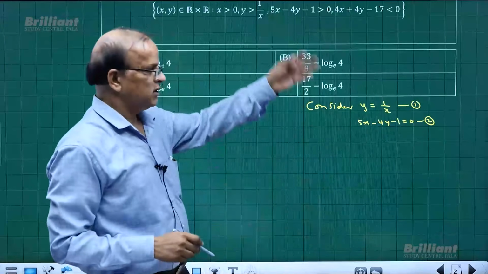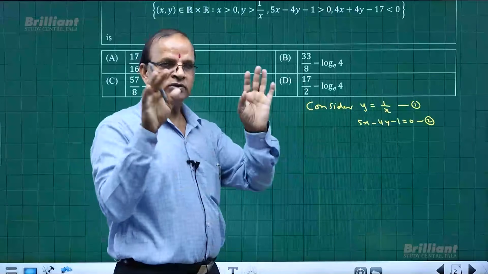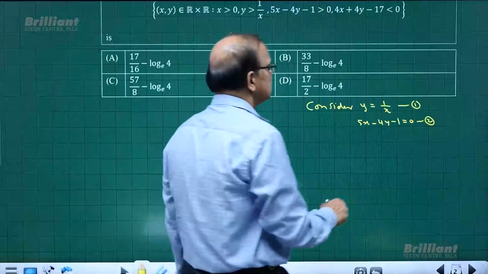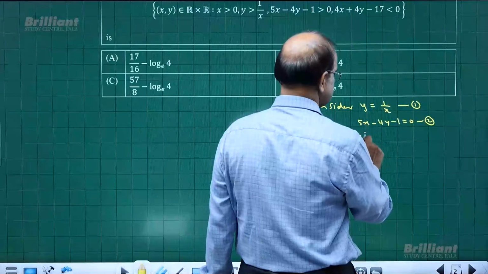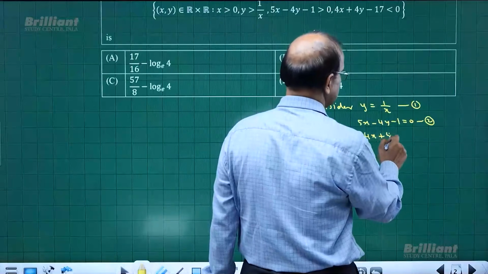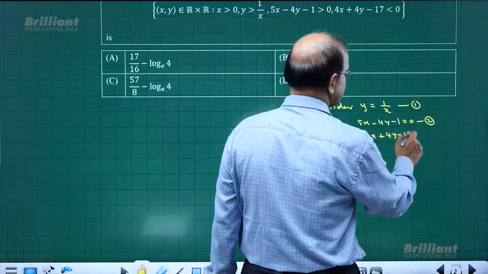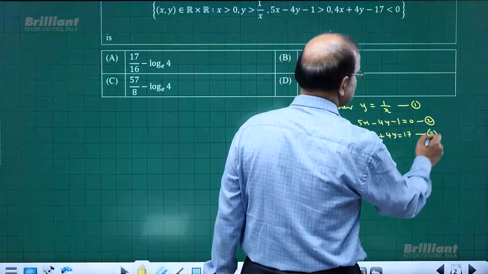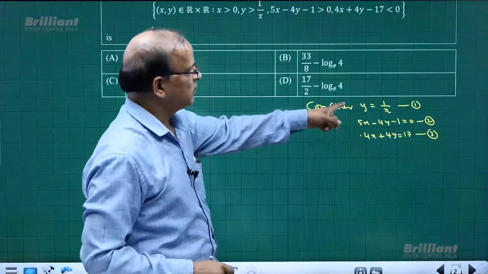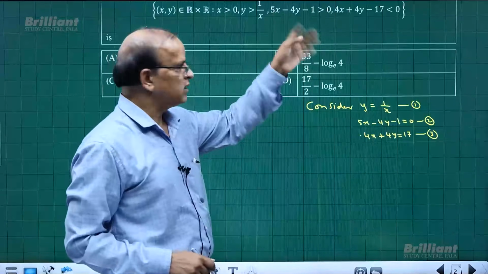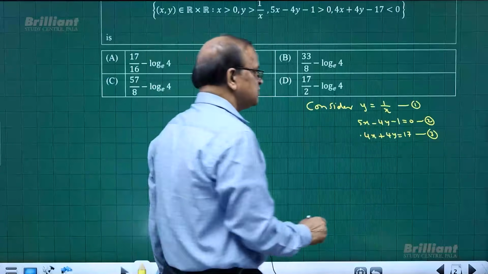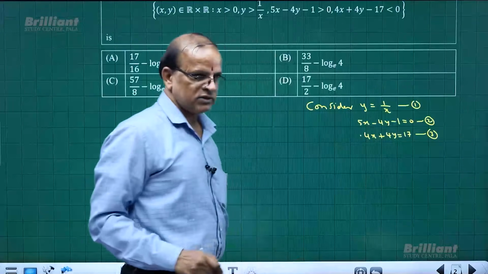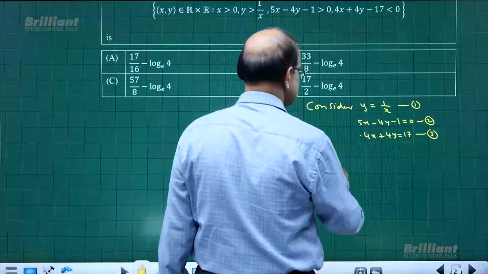Here inequalities are there, that I am considering as equalities, because to draw the graphs, and 4x plus 4y is equal to 17, equation number 3. So this is a rectangular hyperbola, positive only, x greater than 0. That means these are two straight lines. So therefore the curve is like this.